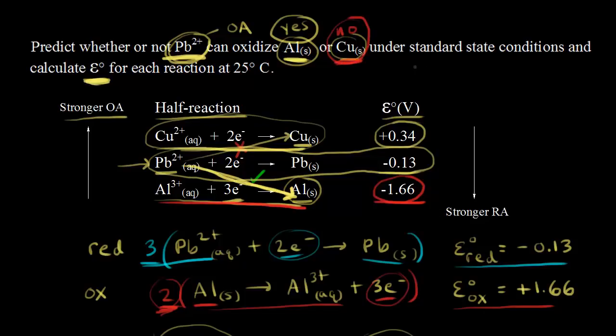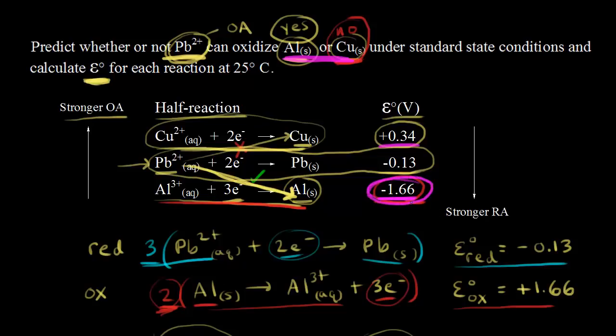So aluminum is more easily oxidized than copper. You could figure that out just by thinking about this example, or you could actually look at the standard reduction potentials. You can see that aluminum down here has a more negative value for the standard reduction potential, and therefore it's more easily oxidized.